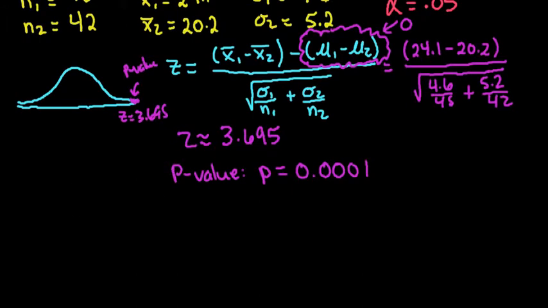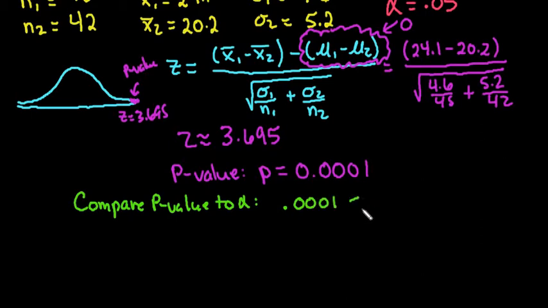Now remember, our decision rule is found by comparing our p-value to our alpha level. So we can see very clearly that 0.0001 is much less than 0.05, which means that it's very, very unlikely for this to happen by chance alone, to have this much of a difference between the two groups if there really was no difference between the two groups.